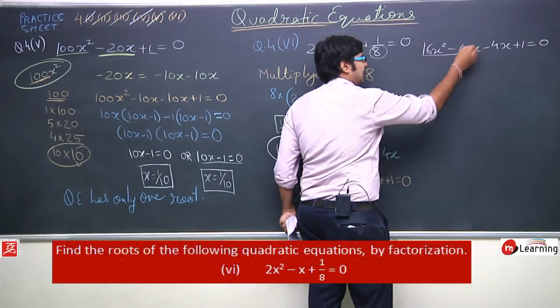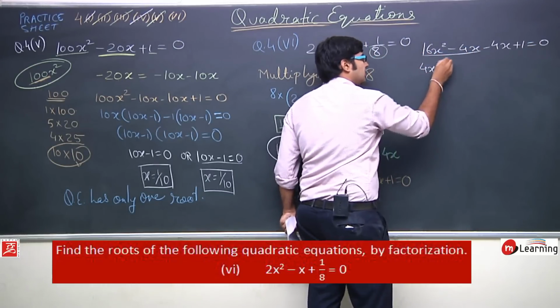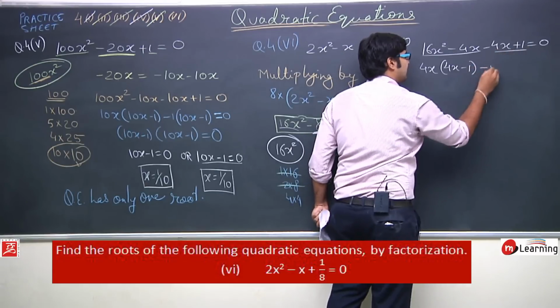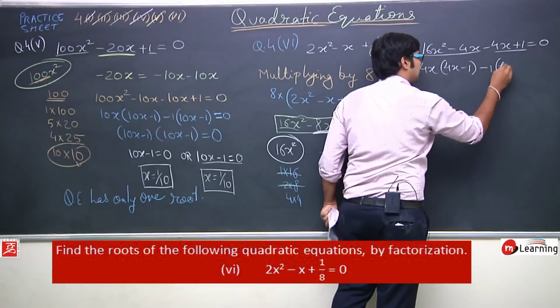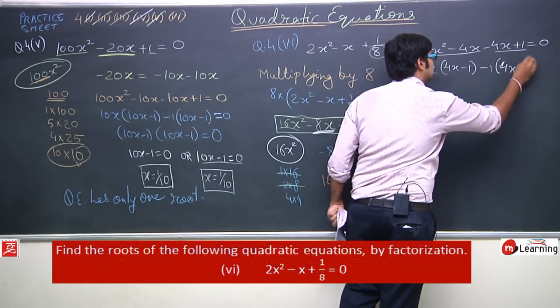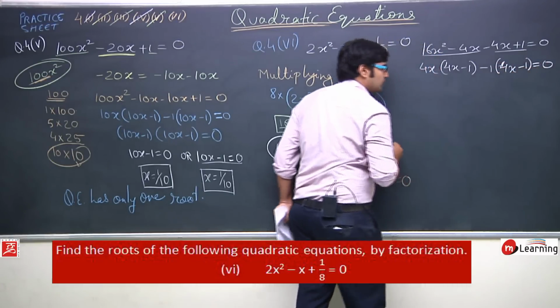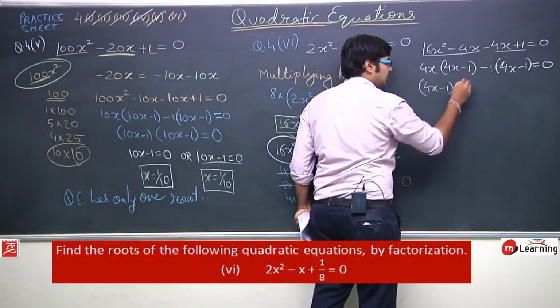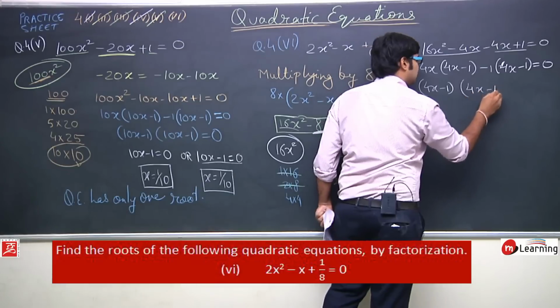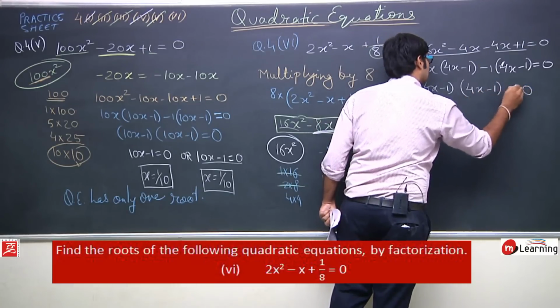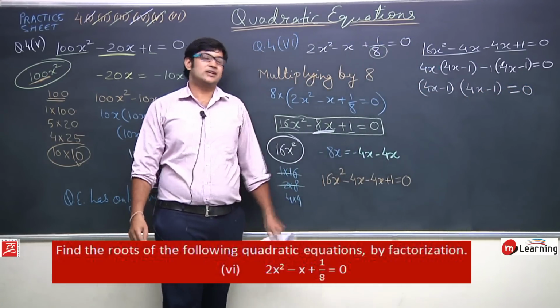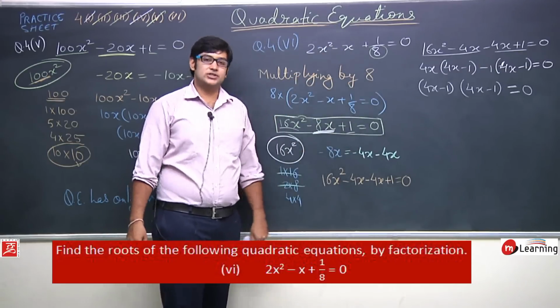From this expression I can take 4x as common. In bracket it is 4x minus 1, and from this expression minus 1 as common, so in bracket it will be 4x minus 1 is equals to 0. Now 4x minus 1 is common, so 4x minus 1 and 4x minus 1, this is equals to 0.